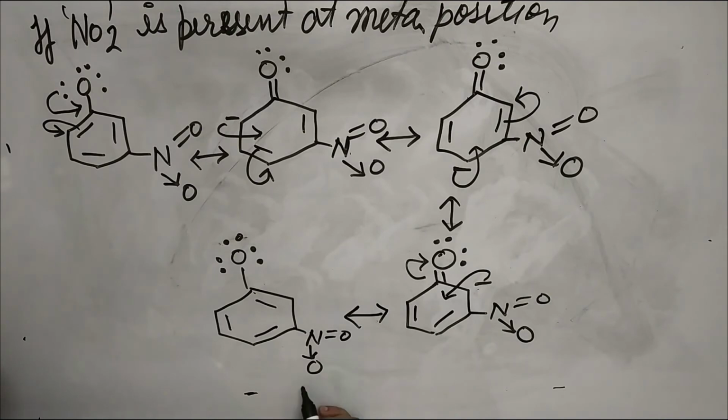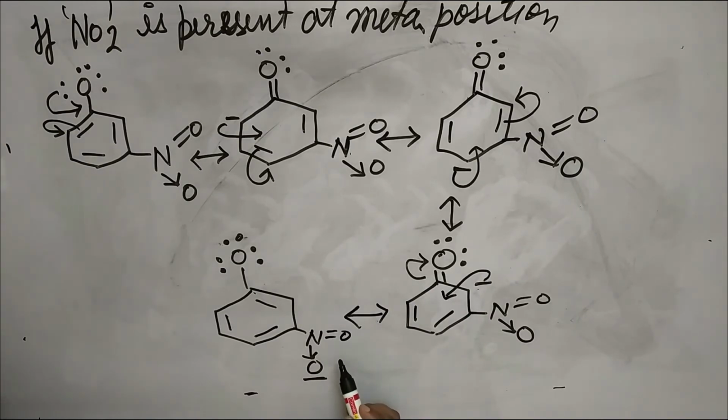There is no prominent effect of nitro group on this phenoxide ion. So it means that if a nitro group is present at meta position, it does not affect the delocalization of electron in the ring. So because of that, the acidic character of phenol will not be much affected if nitro group is present at the meta position.